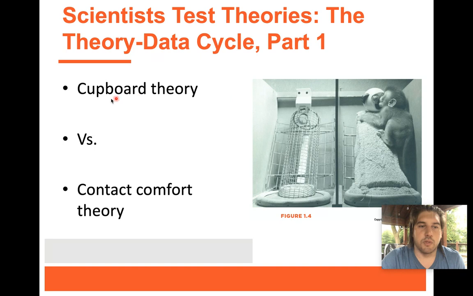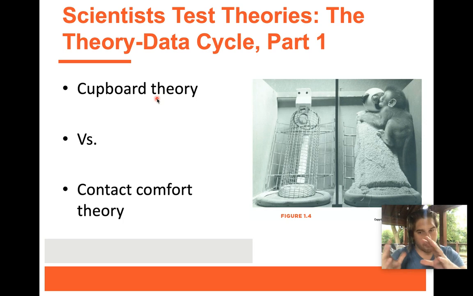He saw what was known as the cupboard theory, which was that children attach to adults because adults provide them with survival, right? They provide them with food and nutrition and water, things that they need. And so the child develops this relationship with the adult in order to survive, and so that they can get the required sustenance and nutrition that they need.